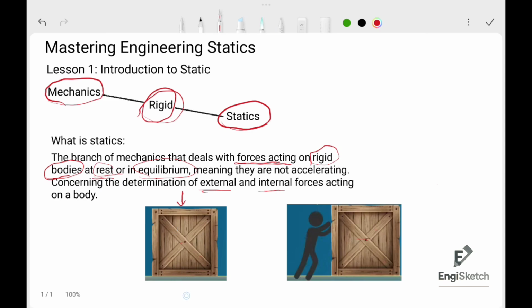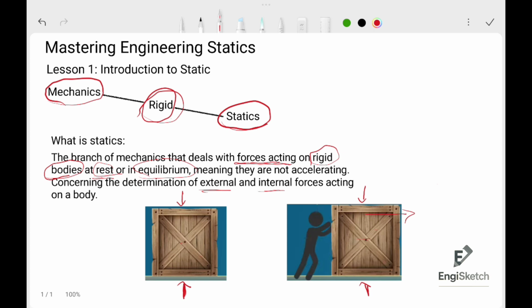Also, we have the support pushing the body, and etc. While here we have also the weight of the body itself going downward, the gravity, and a support or the surface it's standing on. Also, this person is pushing the body, and so on. This is the concept of the external and internal forces.